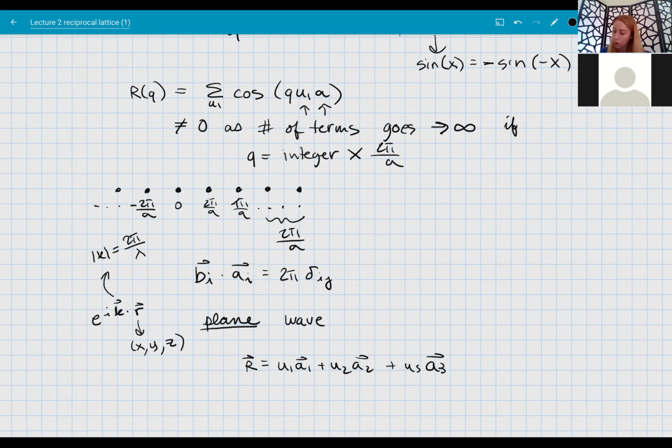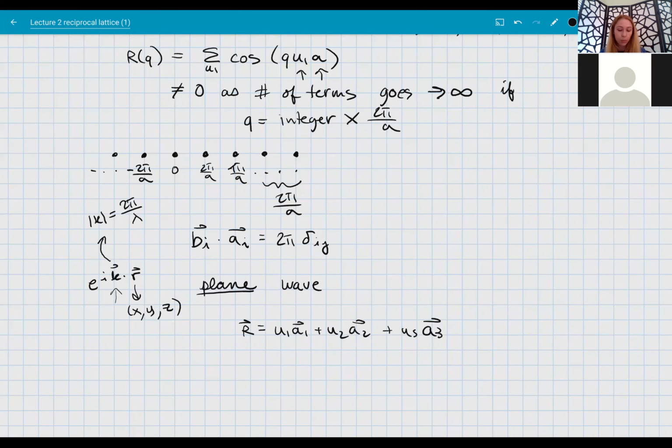So if we have some general plane wave, it will not generally have the periodicity of our lattice because our lattice has certain allowed points on it, and a plane wave, before I give you any more information, can in principle have any wavelength, any directions. So now let's consider the set of all wave vectors k, which yield plane waves that have the periodicity of the lattice.